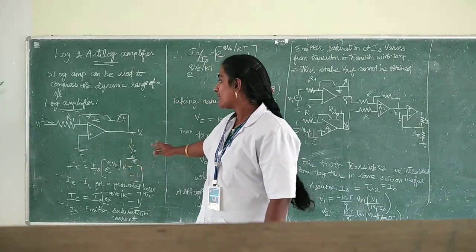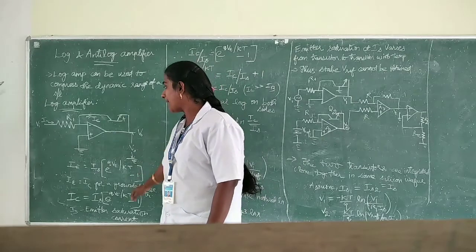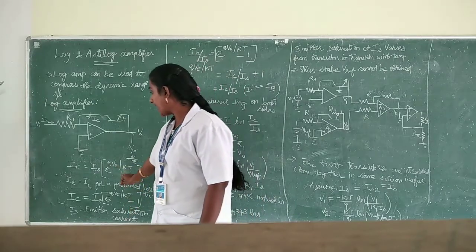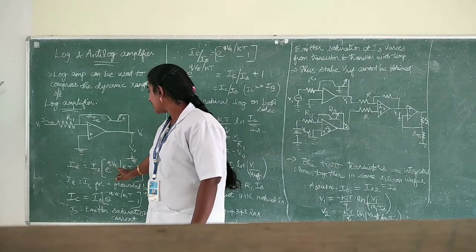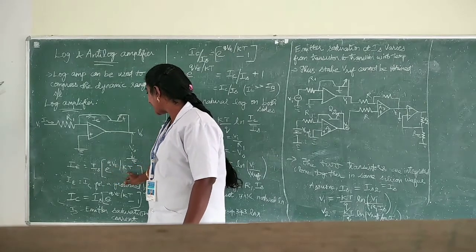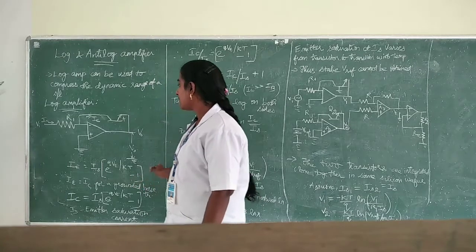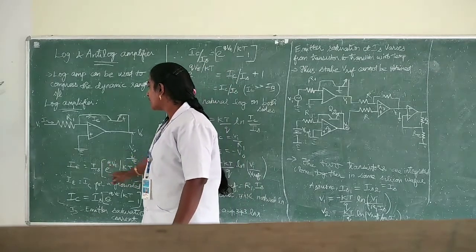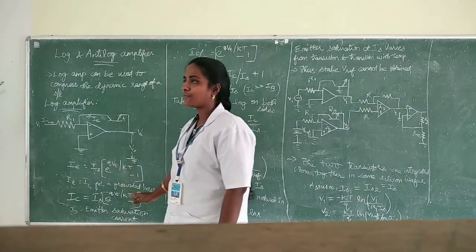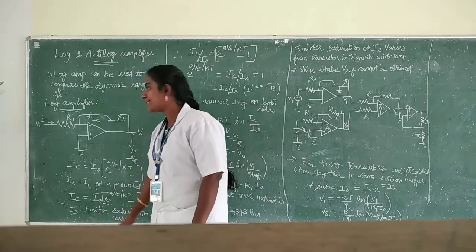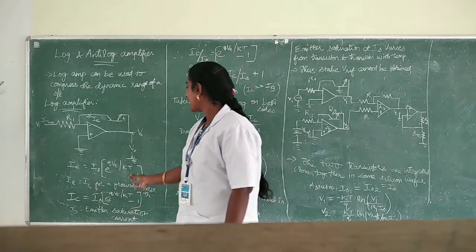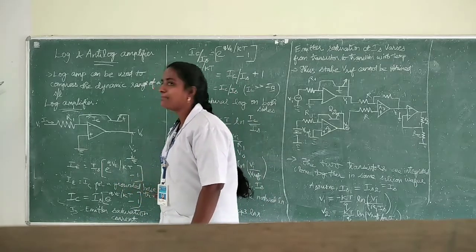This diode current equation is given by IE is equal to IS into e power qVE divided by KT minus 1. This equation we have already known. That is the basic current equation for a diode. This IE is equal to IC, that is, emitter current is equal to collector current for a grounded base transistor.